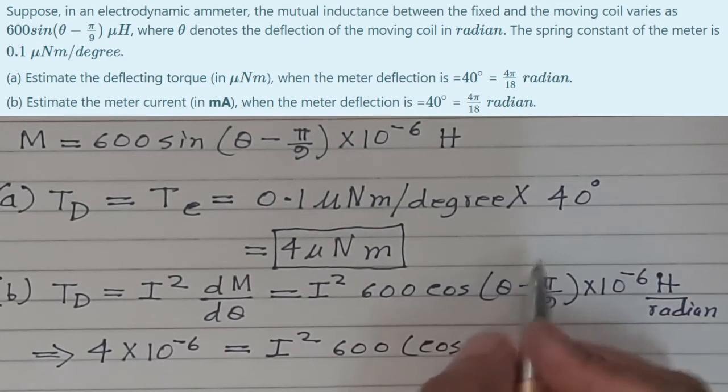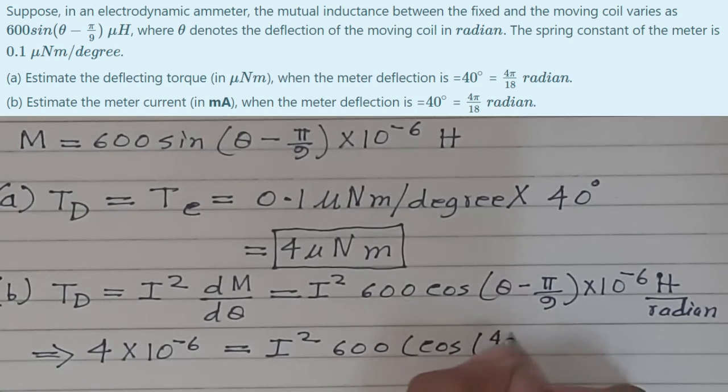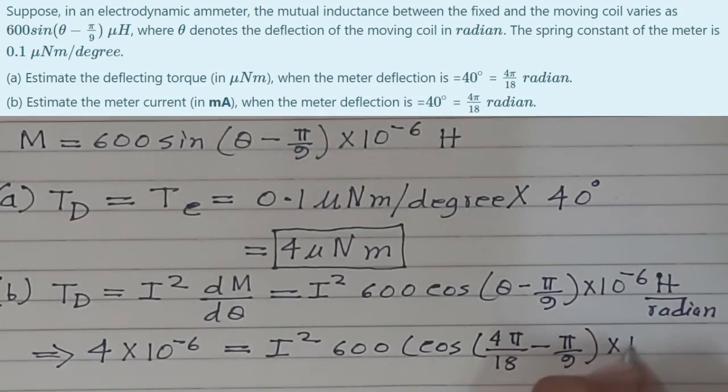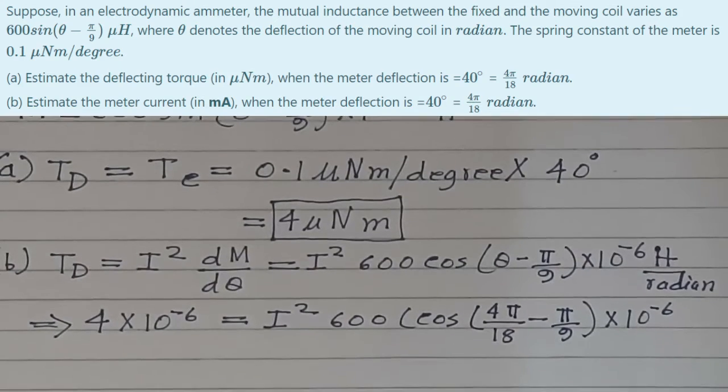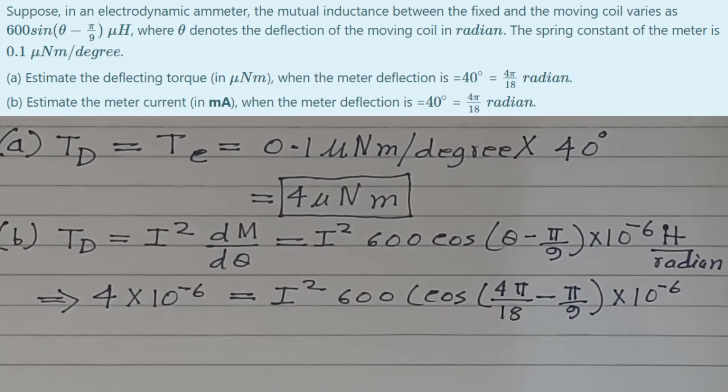Now theta is given to be 40 degree in the question, so 40 degree means 4 pi by 18 radian, minus pi by 9. In this equation, everything is in SI units. I'm not writing the units explicitly.